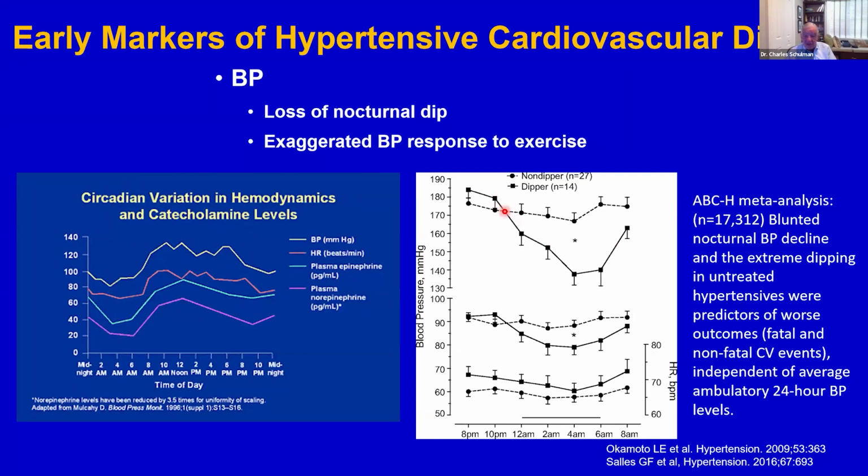And then this is an exaggerated dip, but this is a non-dipper. See, the blood pressure doesn't fall at night. This would be especially true of people with sleep apnea, who never really get a good night's sleep unless they use CPAP. We're going to talk about that.